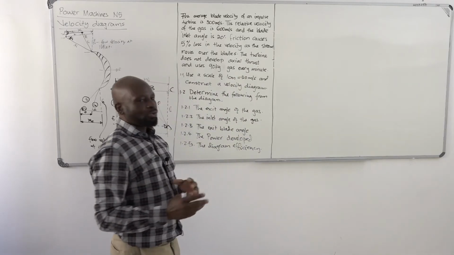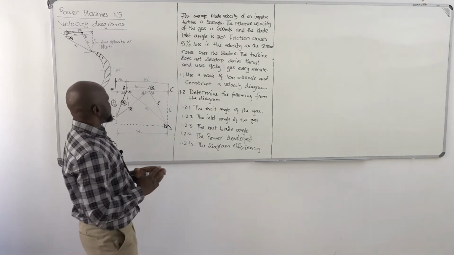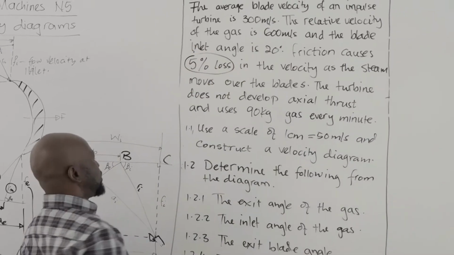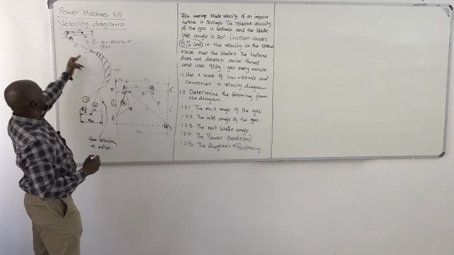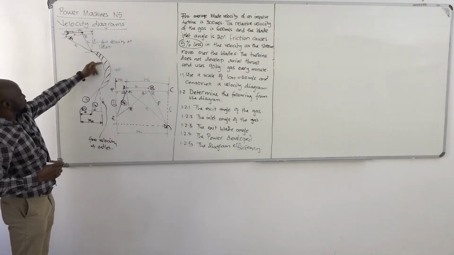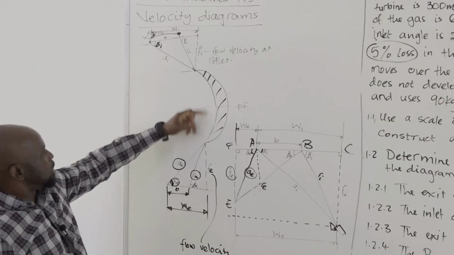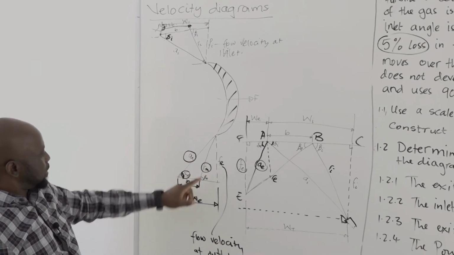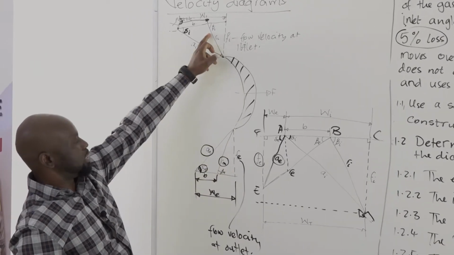However, before we start drawing the velocity diagram, let me explain something on the 5% loss. As the steam enters the blade, it's going to incur some frictional losses as it glides over the blade. So the outlet relative speed is not going to be equal to the inlet relative speed.